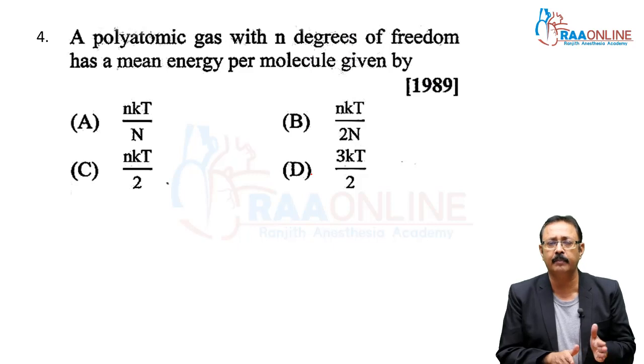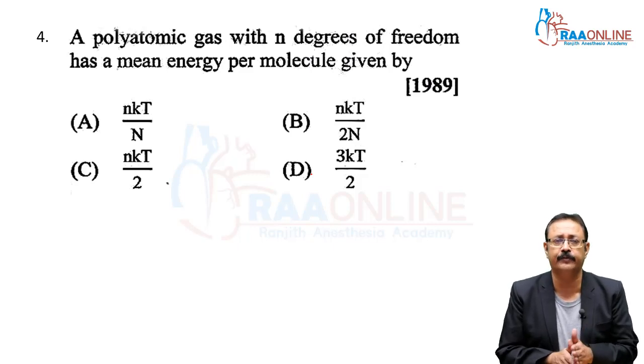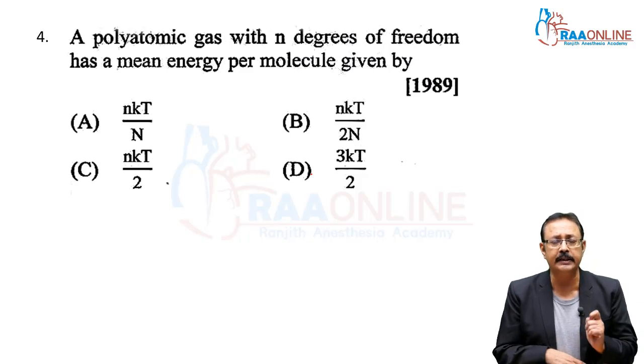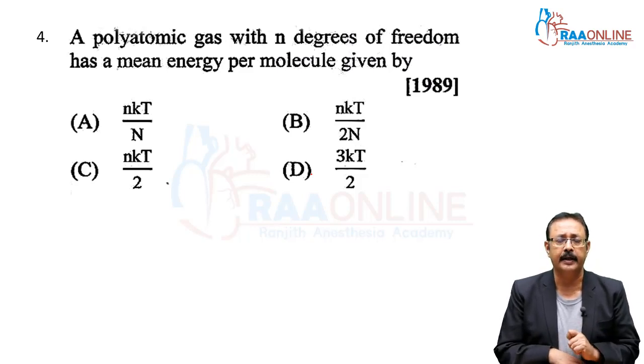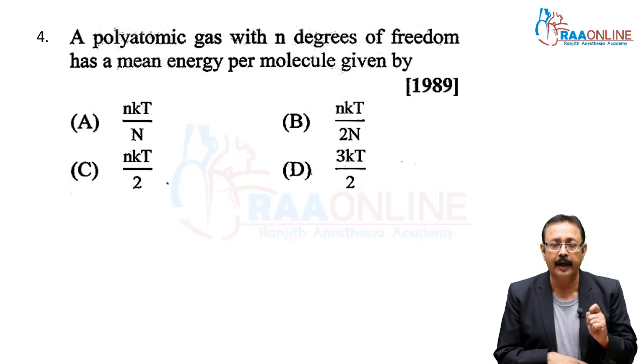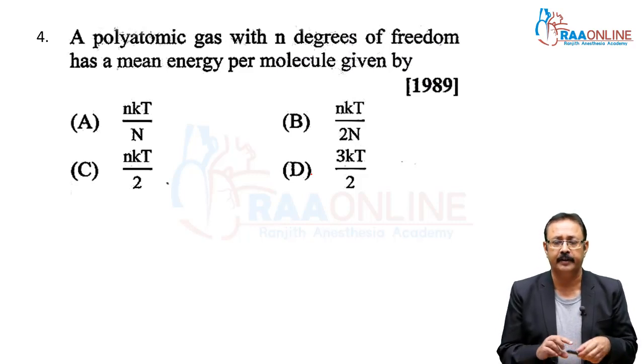And we have one complete derivation before these 45 questions, and we saw there that with each degree of freedom, the kinetic energy associated is half kT. If this molecule has n degrees of freedom, the total kinetic energy should be n times half kT.